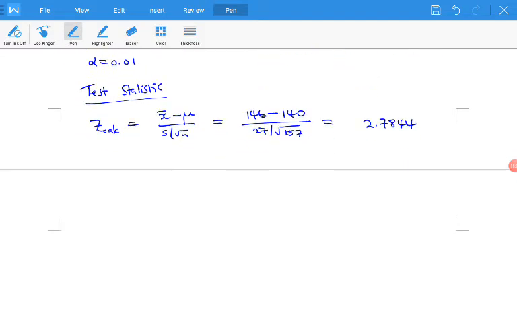So our critical value is Z at 0.01, which is equal to Z at 99, since the normal distribution is symmetric. So this gives us 2.3263.